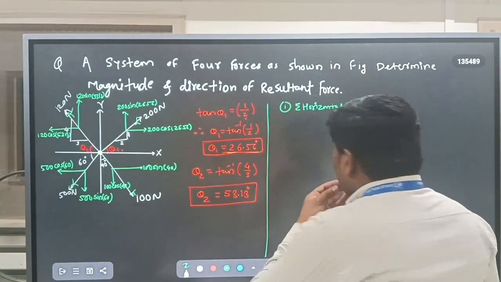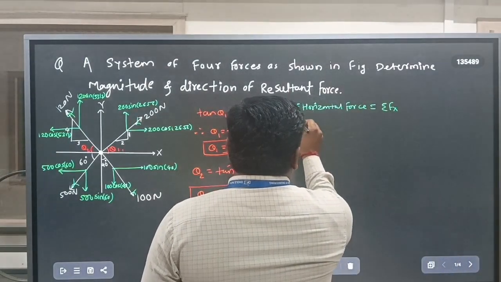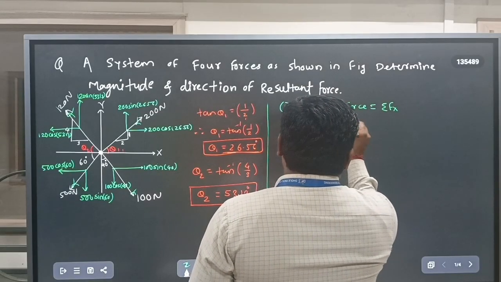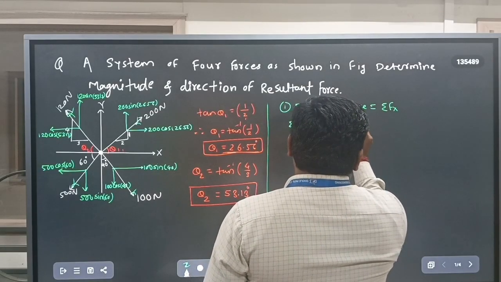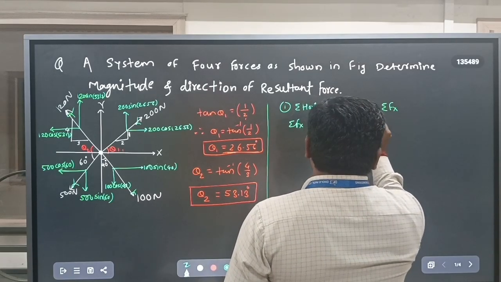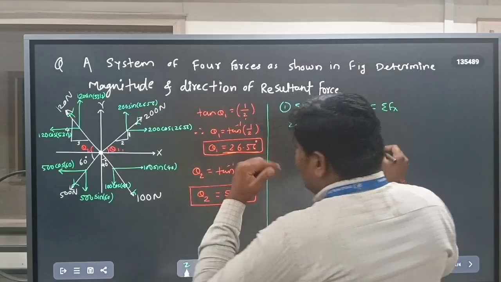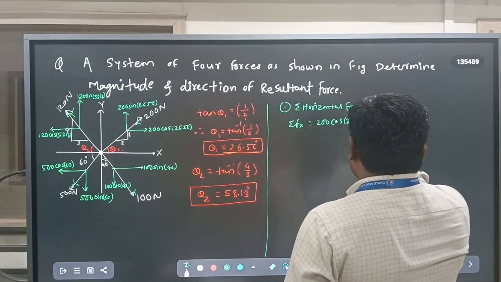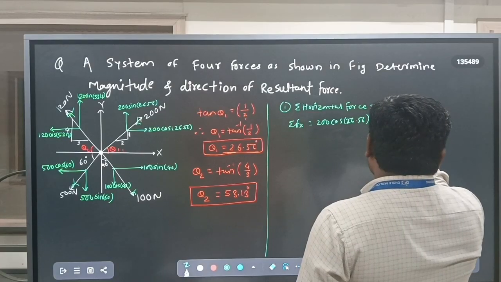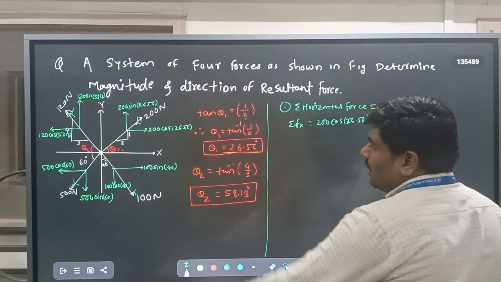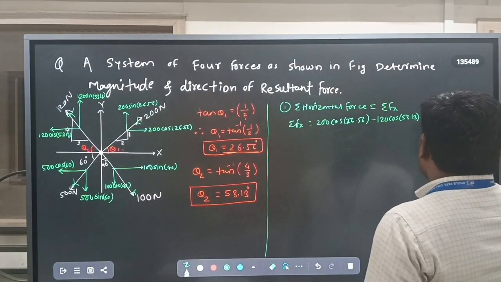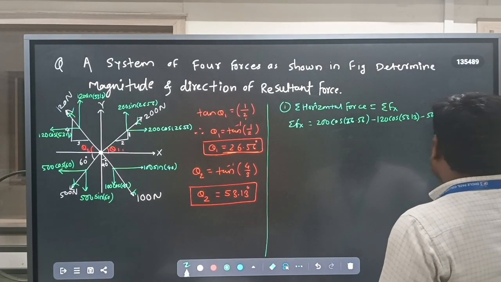ओके, सो summation of f of x is equal to 200 cos 26.56 माइनस लेफ्ट साइड जा रहा है, सो माइनस 120 cos 53.13. अगेन 500 इज गोइंग टुवर्ड लेफ्ट, सो माइनस 500 cos 60.